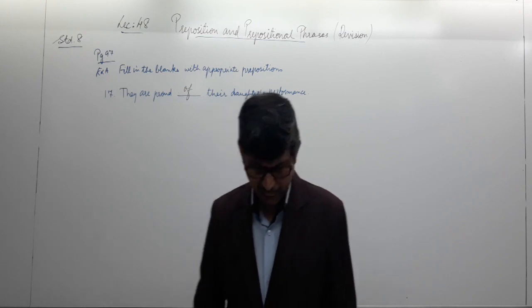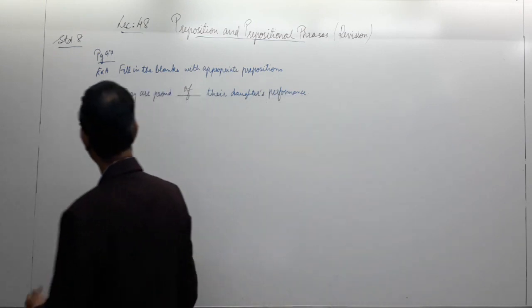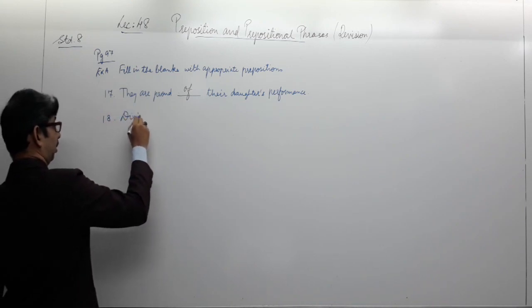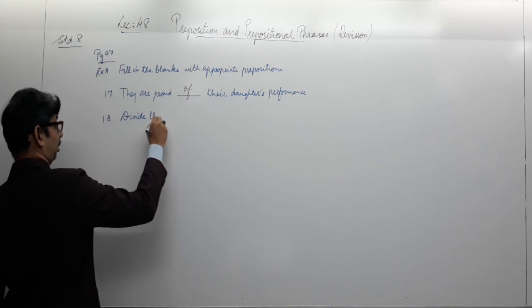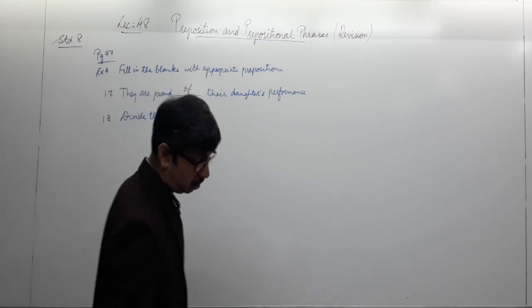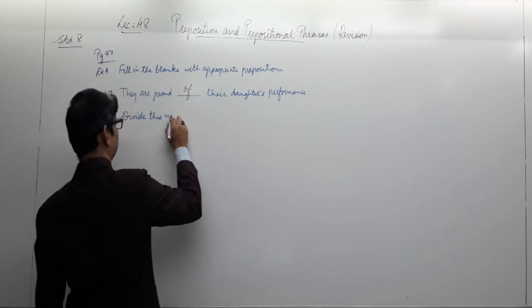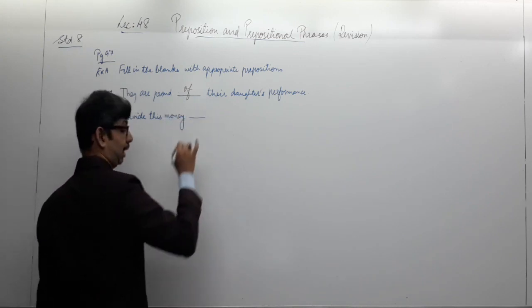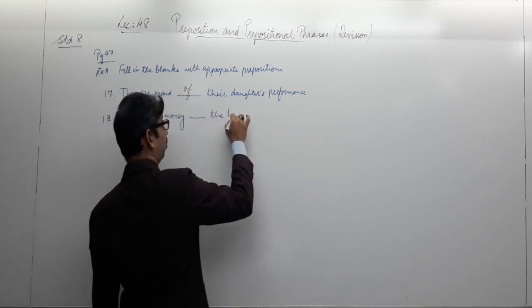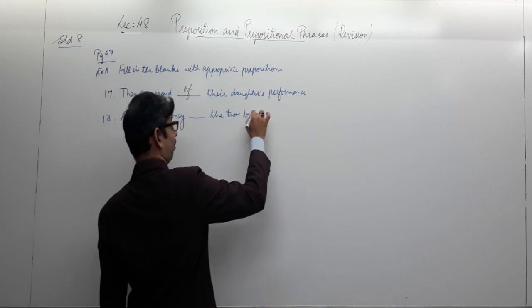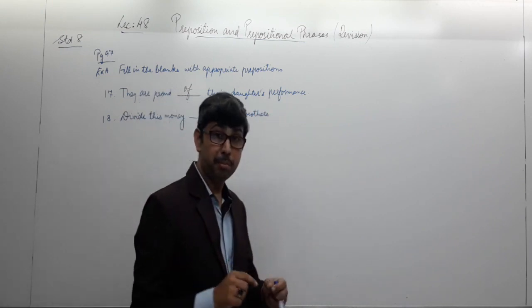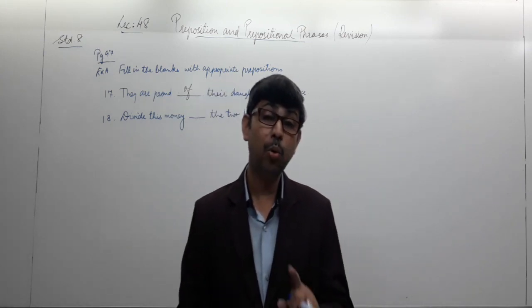Number 18. Divide this money dash your two brothers. We are being instructed in the sentence to divide the money only between two.